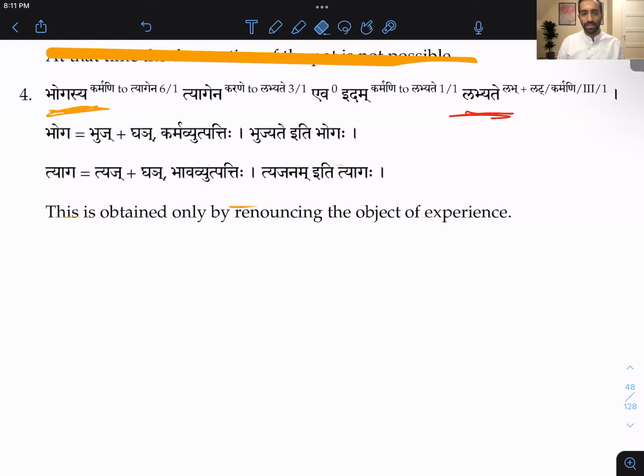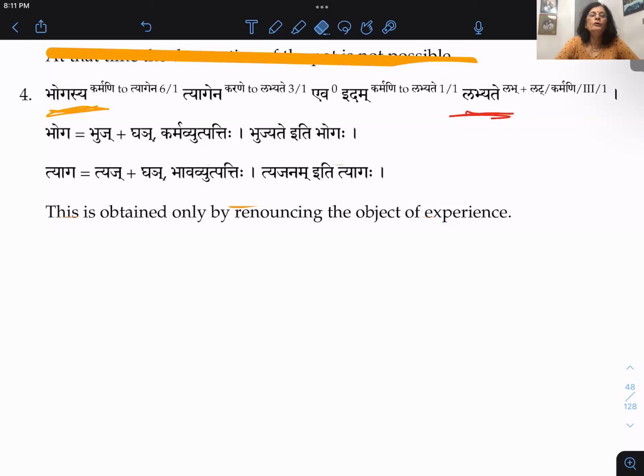This is only obtained by the sacrifice of bhoga. That works also. Okay. Thank you. And so there, yeah, the eva can move around wherever but we have to see the intention of the speaker. So if that's your intention by saying that, you can say, yeah, this is only obtained by the sacrifice or renouncing the bhoga.